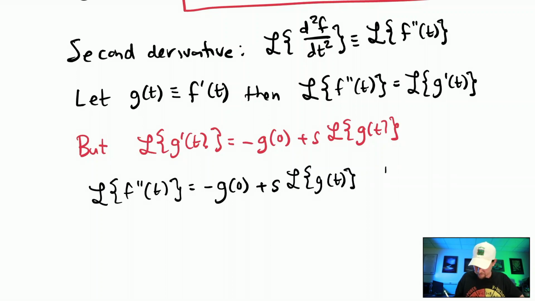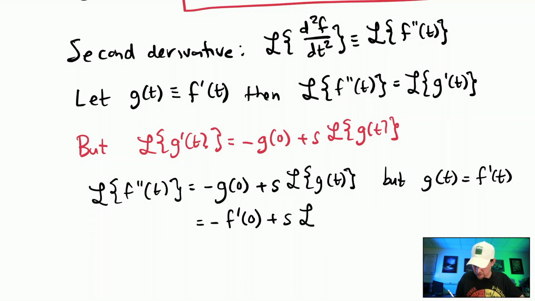But g of t is f prime of t, right? So over here, this naturally turns into f prime of 0 plus s, now the Laplace transform of f prime of t, right?